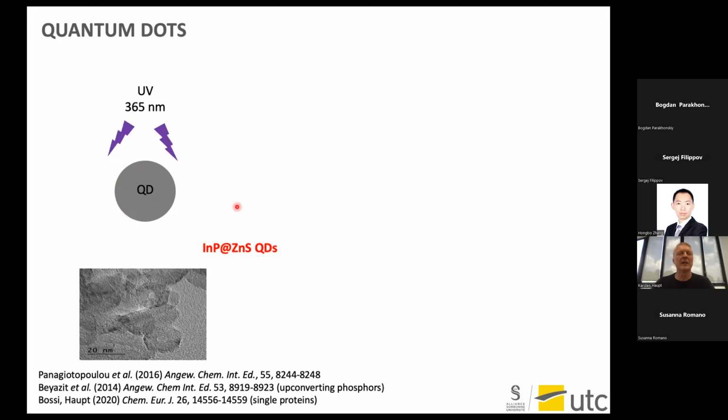If we irradiate a quantum dot, for example, with UV light, it will be excited and it will emit visible light, fluorescence. This one is an indium phosphide zinc selenide quantum dot, and depending on the size, they emit, for example, at 540 nanometers.